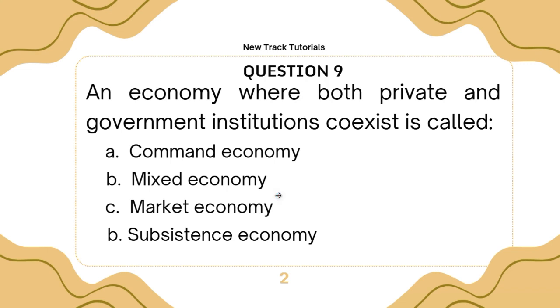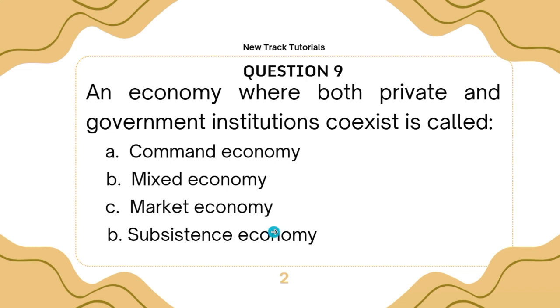Now, when we look at the command economy, that is where the government or other centralized group's interference is high. They determine wages, they set prices, and they also control the products.